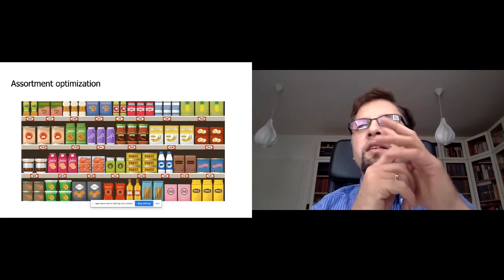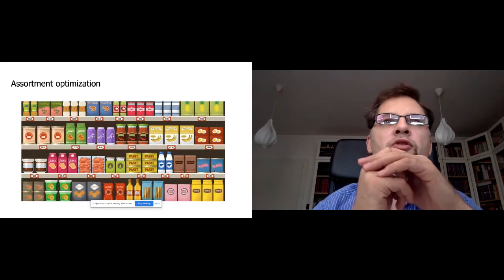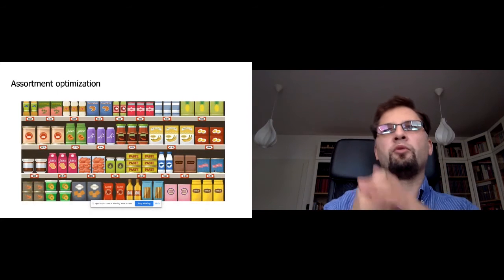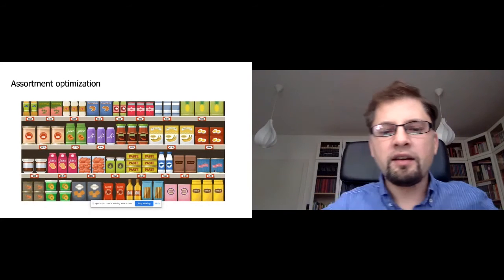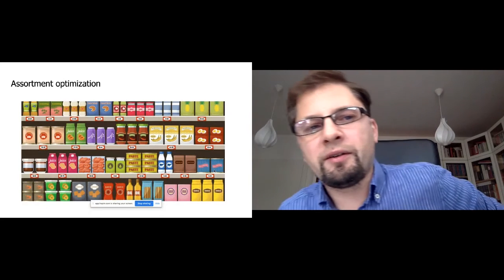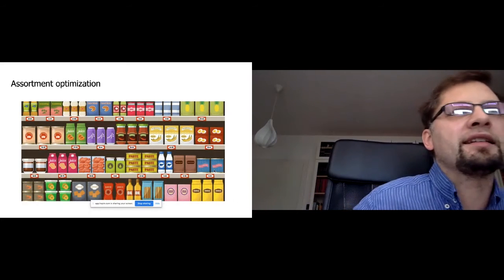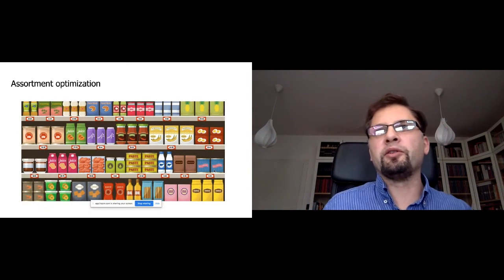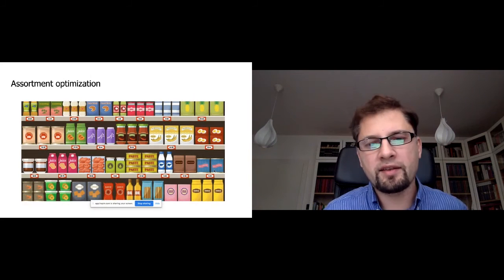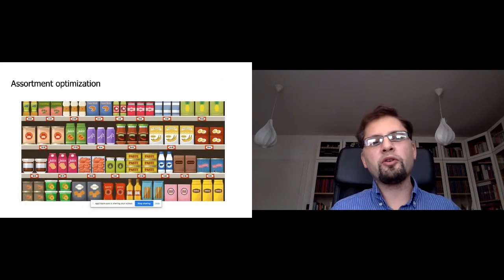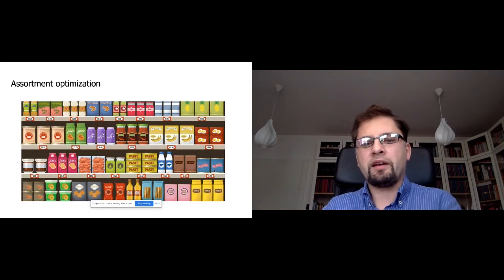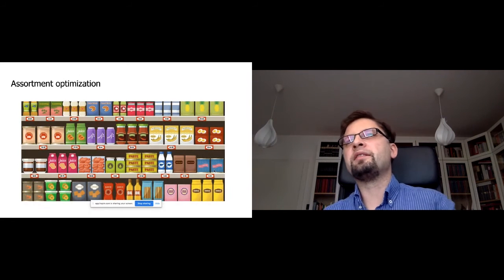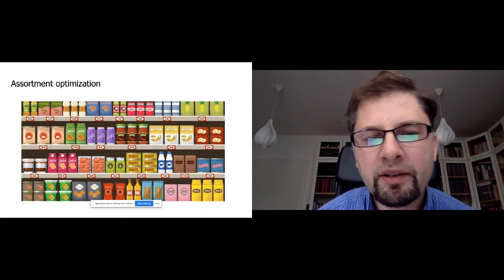So how many products can you have in this shop, or how many changes during the week can you do? So it's very challenging. It's not only challenging because there's a lot of information, a lot of prediction tasks to be done as well, but also you want to take into account other businesses which are your competitors.